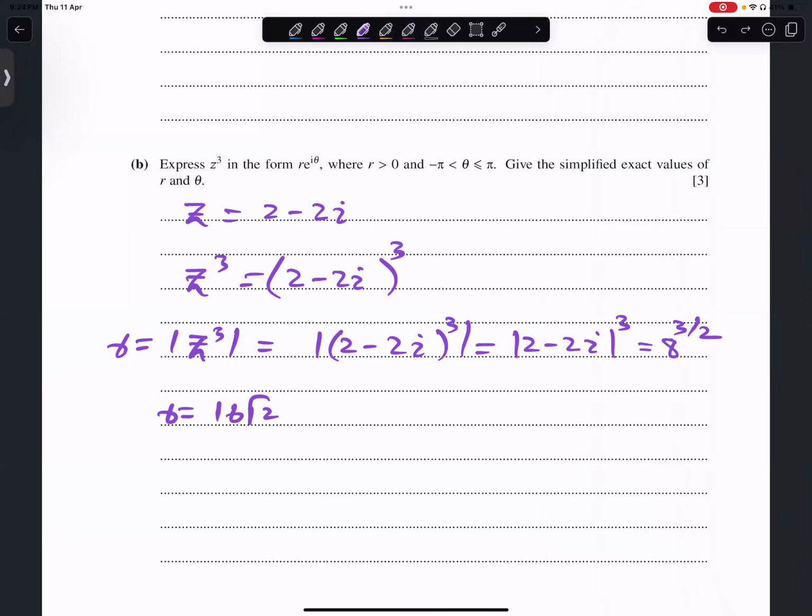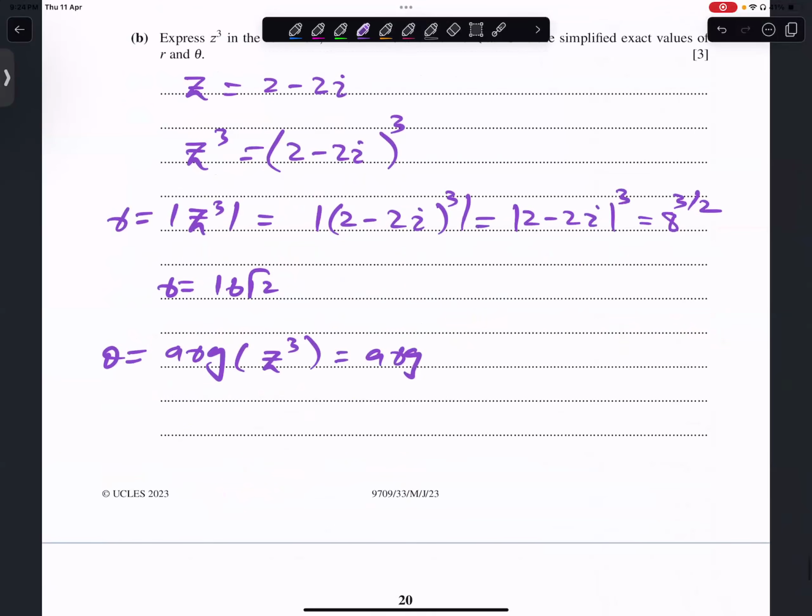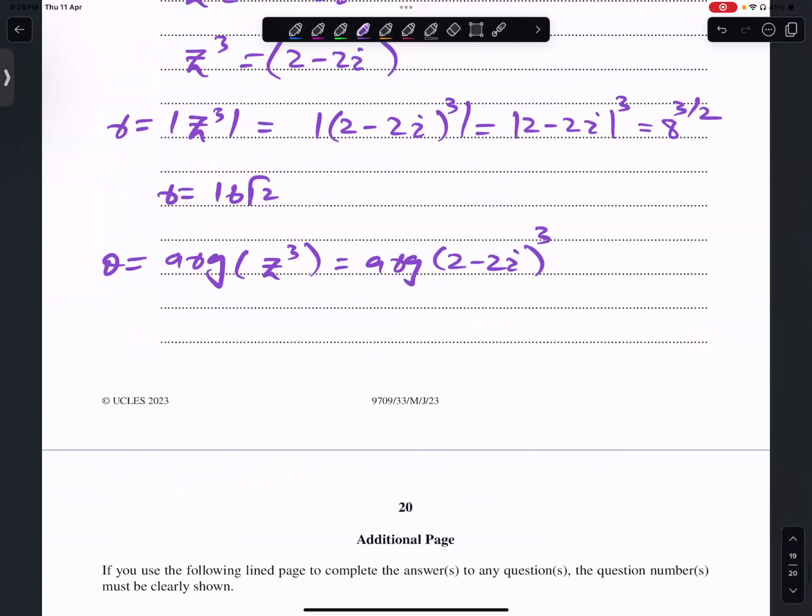R is 16 root 2. And argument of z cube, this is my theta by the way, is the argument of (2 minus 2i) power 3. We know that argument just behaves like log, so bring 3 in the start, and then the argument of 2 minus 2i.